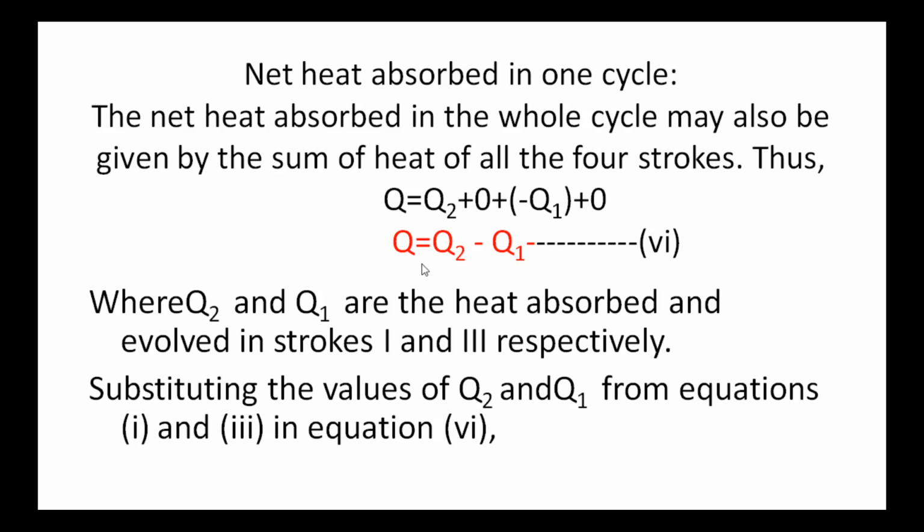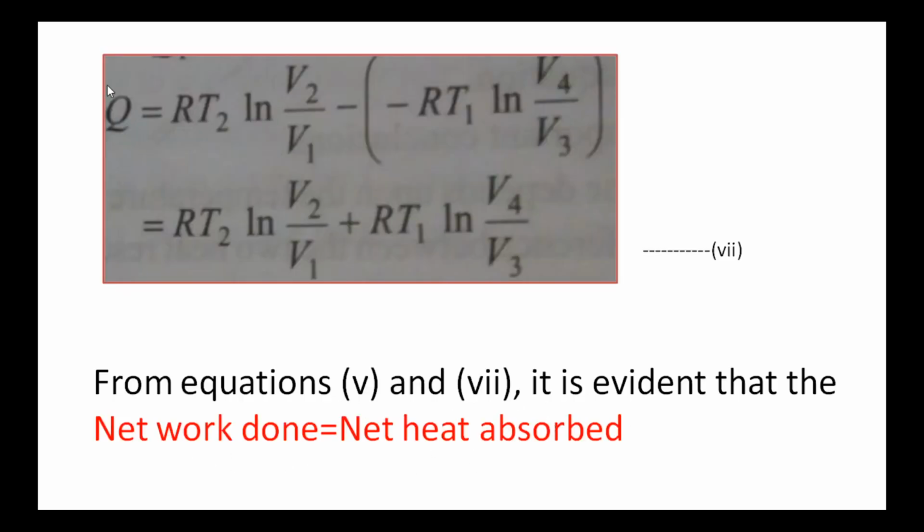So finally Q is equal to Q2 minus Q1. This is taken as equation 6, where Q2 and Q1 are the heat absorbed and evolved in strokes 1 and 3 respectively. Substituting the values of Q2 and Q1 from equations 1 and 3 in equation 6, we get Q is equal to RT2 ln V2/V1 minus RT1 ln V4/V3.